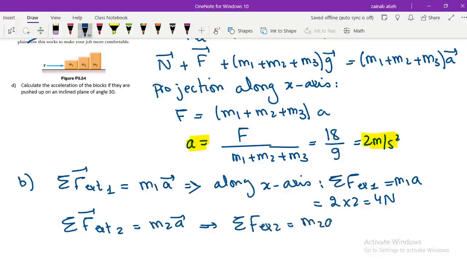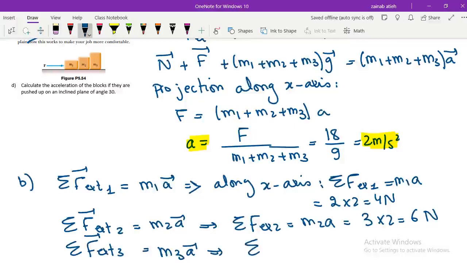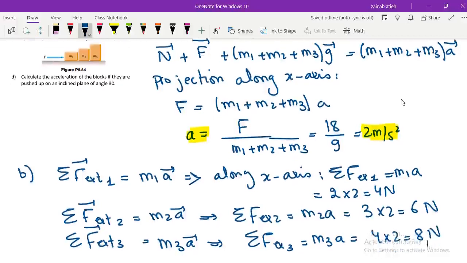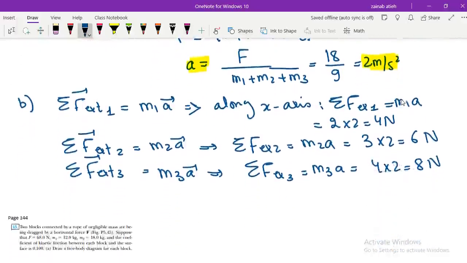We had M2, 3 times 2, it's equal to 6 Newton. Sum للF external for particle 3 along x-axis is equal to M3A, it's equal to 4 times 2, it's equal to 8 Newton. If I want to write them as vectors, I can do as well.